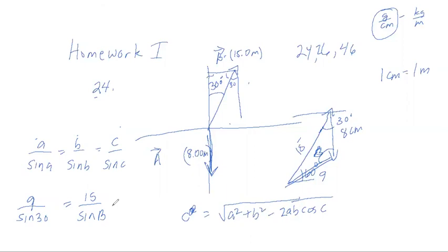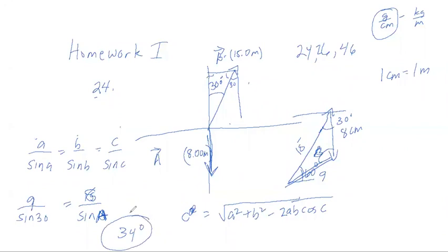And let's see, I did it for the other one. I did 8 over this guy. Okay, that's what I did. Let's say 8 over sine A. And I got 34. Yeah.